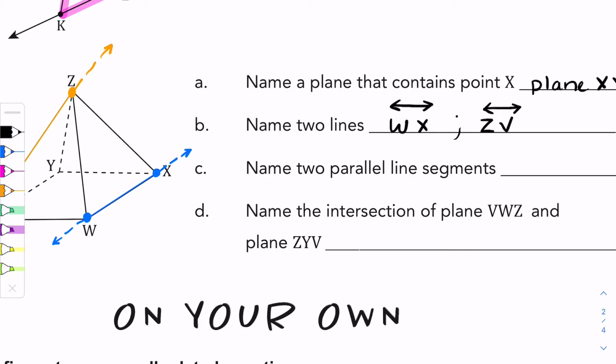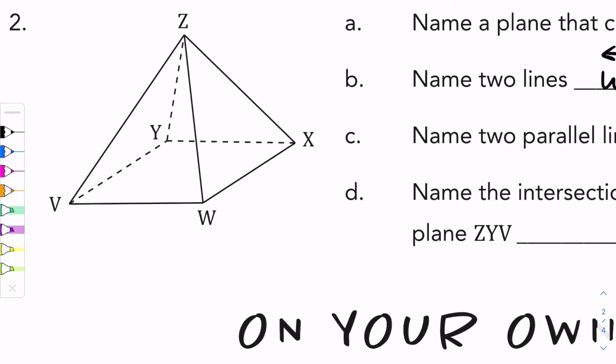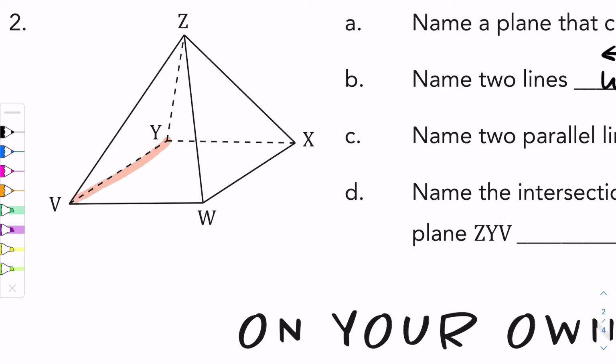Part C says to name 2 parallel line segments. Looking at this model, the only segments that could potentially be parallel would be segments that fall on the base of this figure. So maybe segment VY and XW, those 2 segments will never touch.